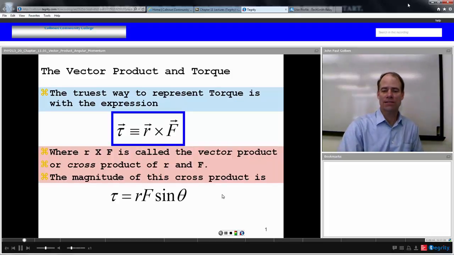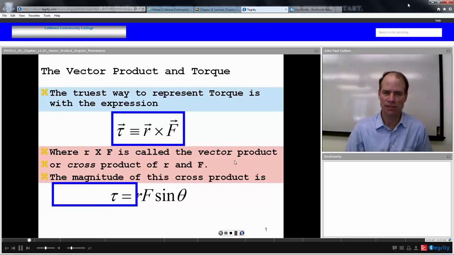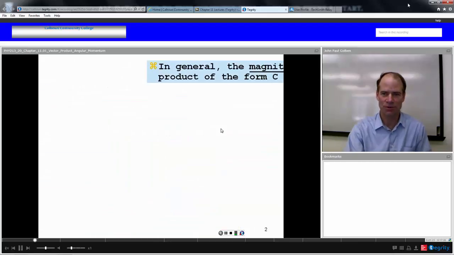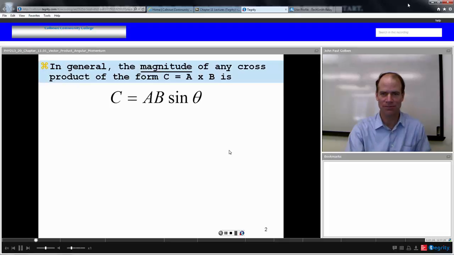The magnitude of this vector cross product is the magnitude of the first vector, r in this case, times the magnitude of the second vector, F, which is the force, times the sine of the angle between their two directions. We would choose the smallest angle between those two vectors, and then the direction of this torque vector will be given by the right-hand rule, which we'll show you on the next screen.